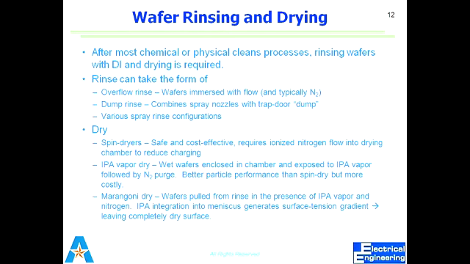That is also at approximately 80 degrees centigrade, I believe. At that temperature there is an IPA coating on the surface, so water is replaced by IPA.